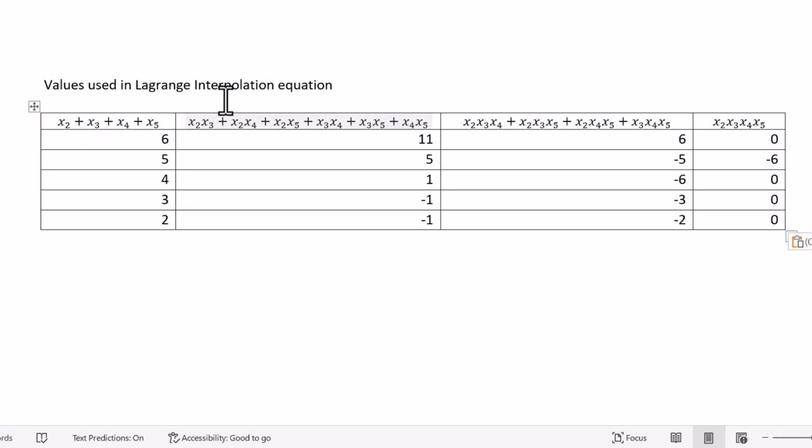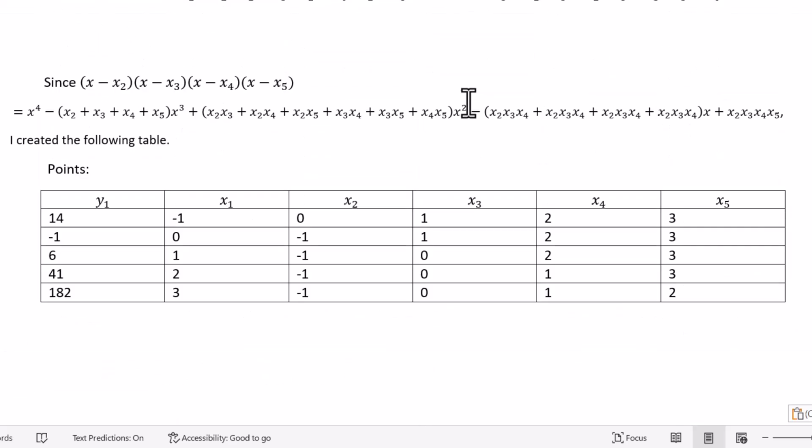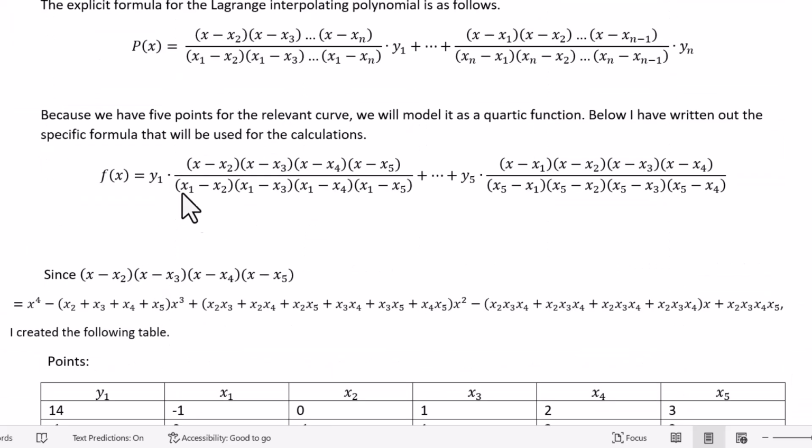So we got the value for the coefficient of this product based on this formula.